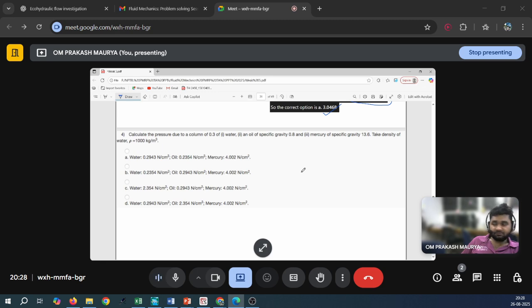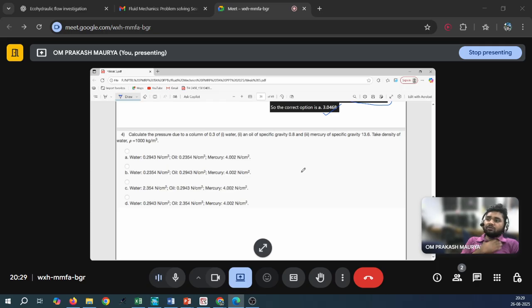Now another question is very, very important. Here you have three sub questions in one question. Calculate the pressure due to the column of 0.3 meter of water, oil of specific gravity 0.8, and mercury of specific gravity 13.6, and take the density of water as 1000.